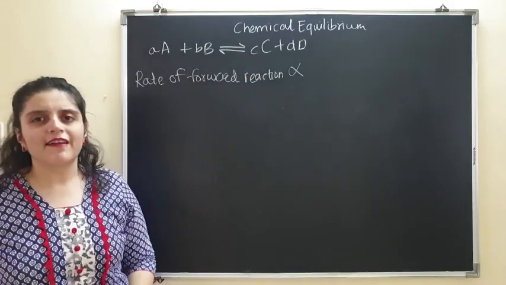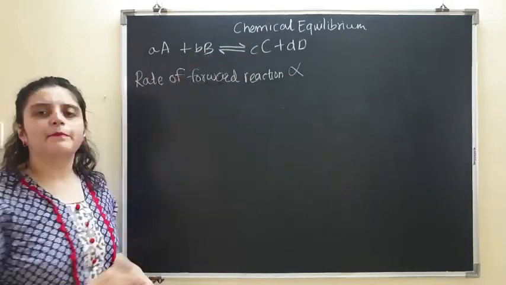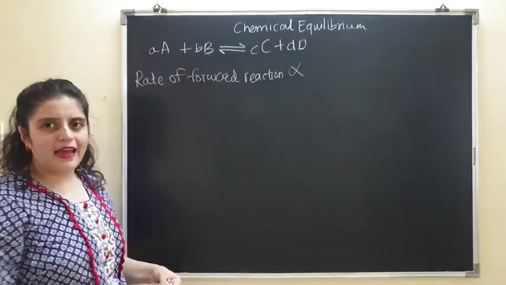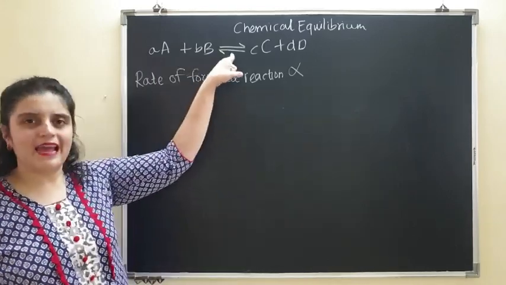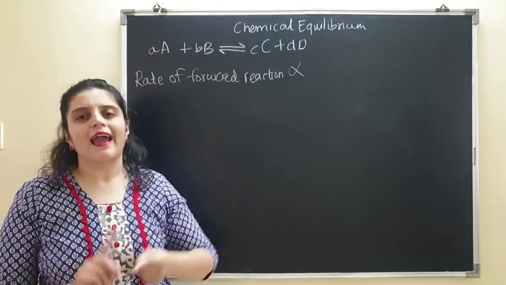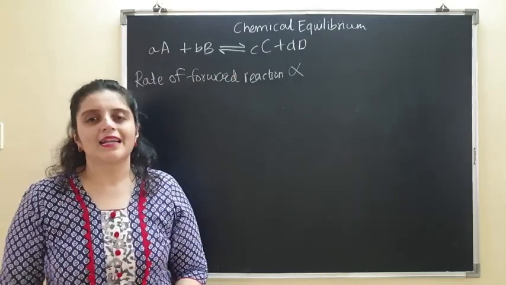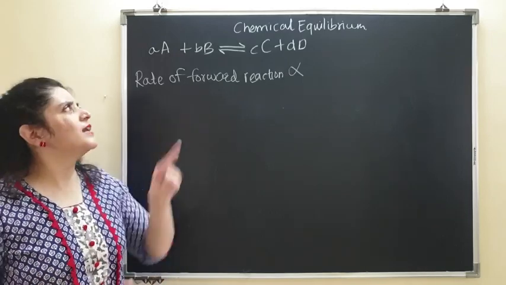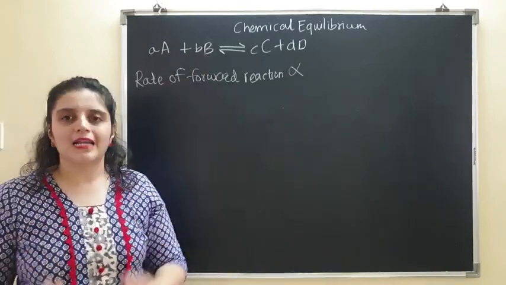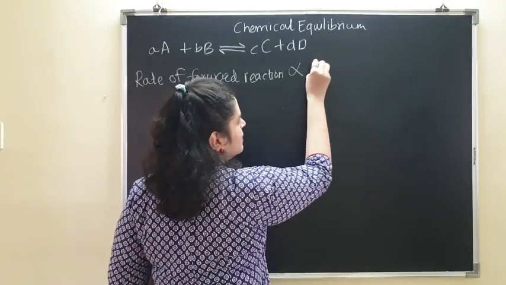For the forward reaction, A and B are the reactants. So this rate is directly proportional to the multiplication of the concentrations of the reactants. We have two reactants, A and B. Let us multiply their concentrations.